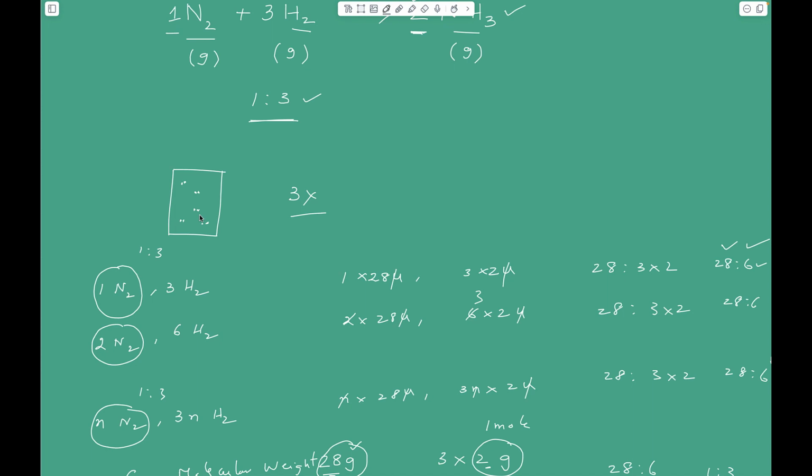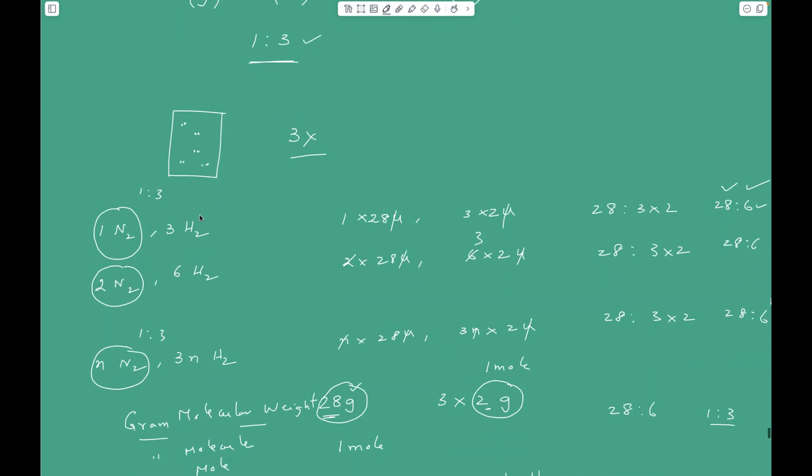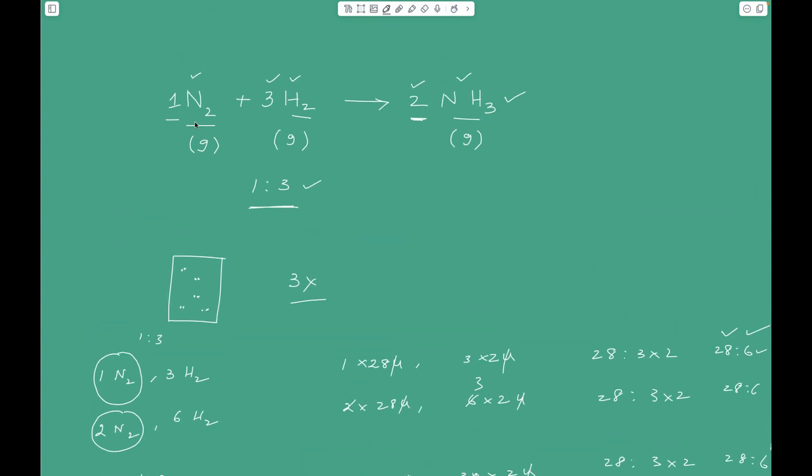So, for this reason, you must learn how to figure out the number of particles present in a sample given its mass or its volume. Remember, chemical reactions always take place between particles, atoms, molecules, ions, etc. Therefore, you always have to think in terms of the number of particles.